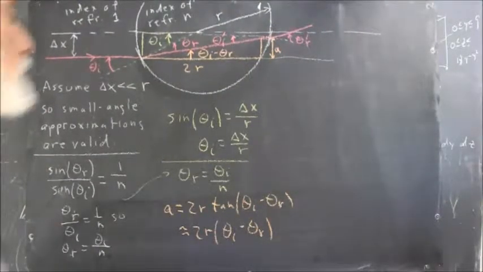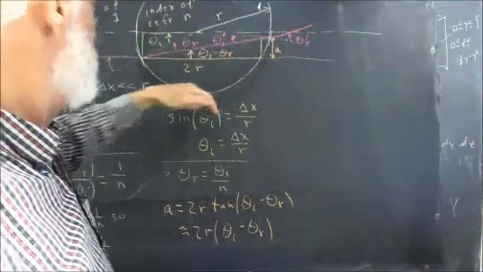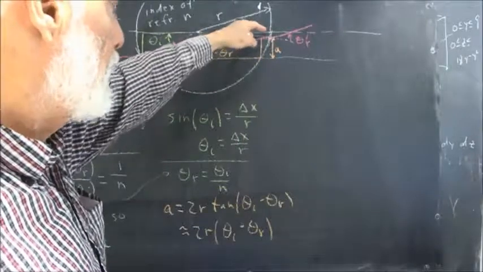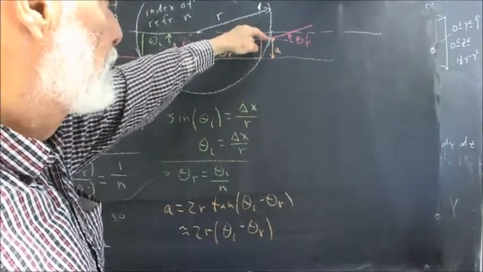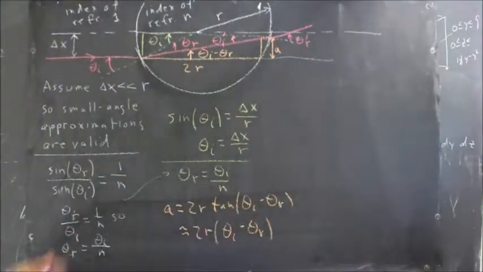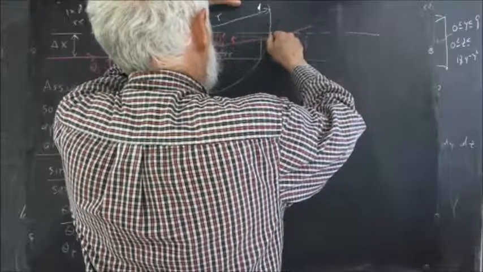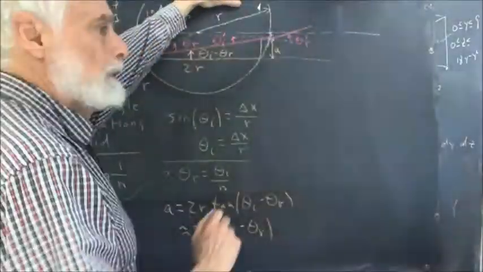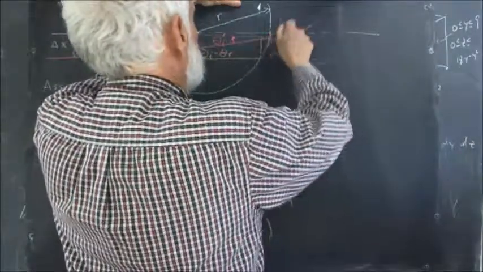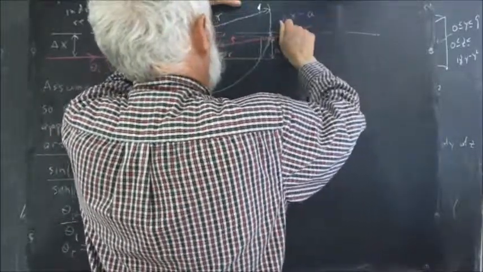Okay, which means now that the distance between the axis and the point of intersection here, I'll draw that in purple, and it's going to be really small, and I'm probably blocking the board, but that is going to be delta x minus a.